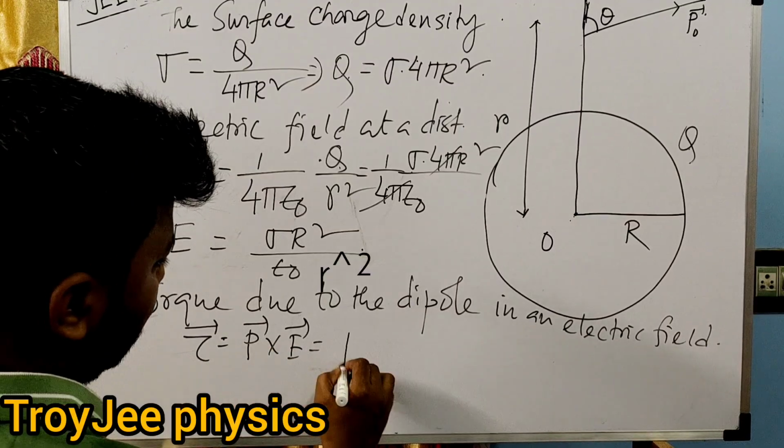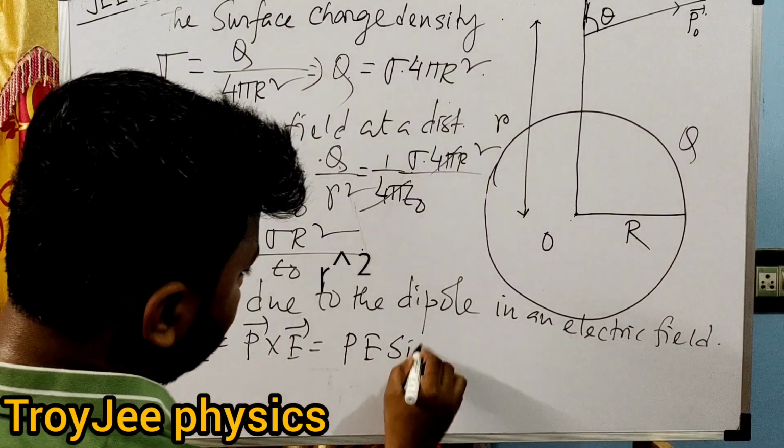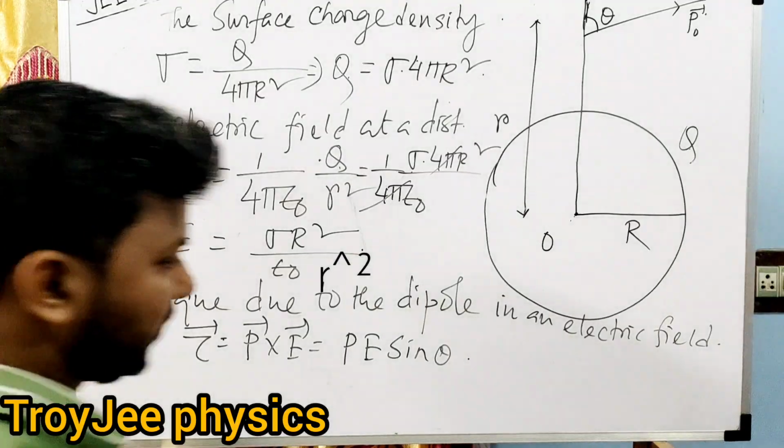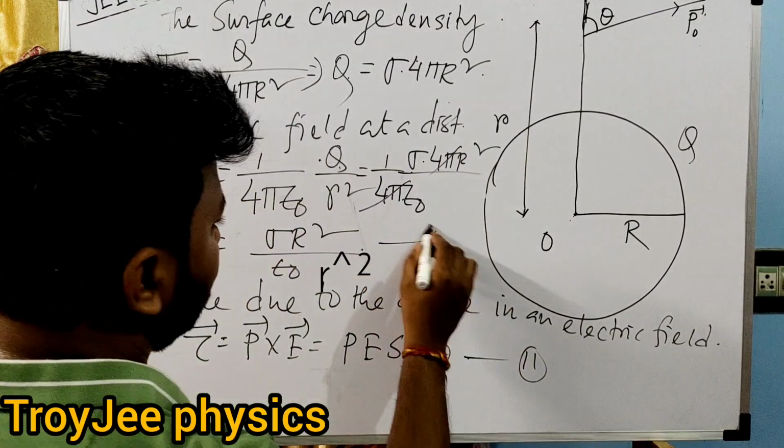This means P into E into sine theta. This is equation number 2, and the earlier one is equation number 1.